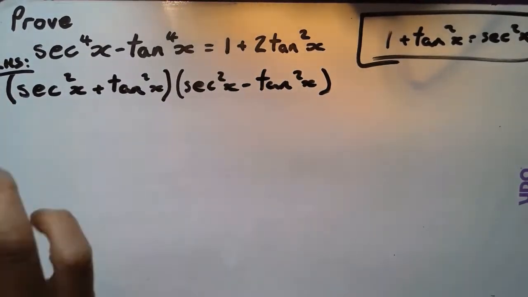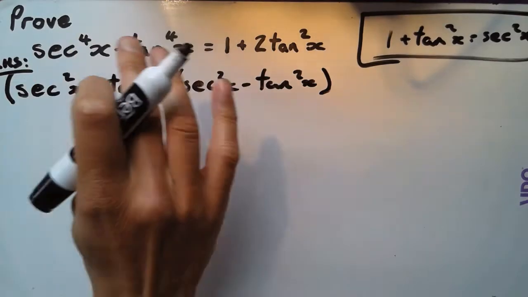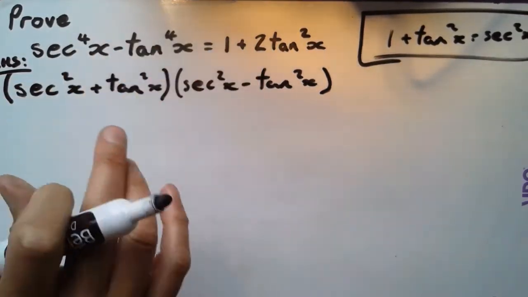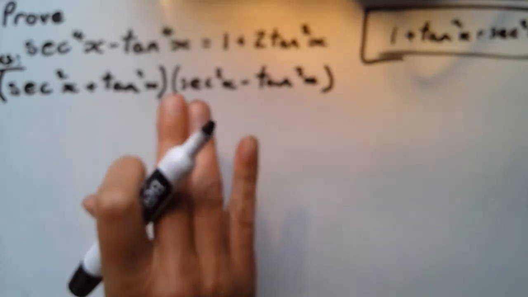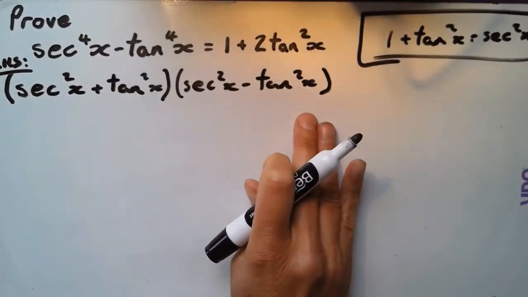So we can rewrite sec to the power of 4x minus tan to the power of 4x as sec squared x plus tan squared x, all multiplied by sec squared x minus tan squared x.